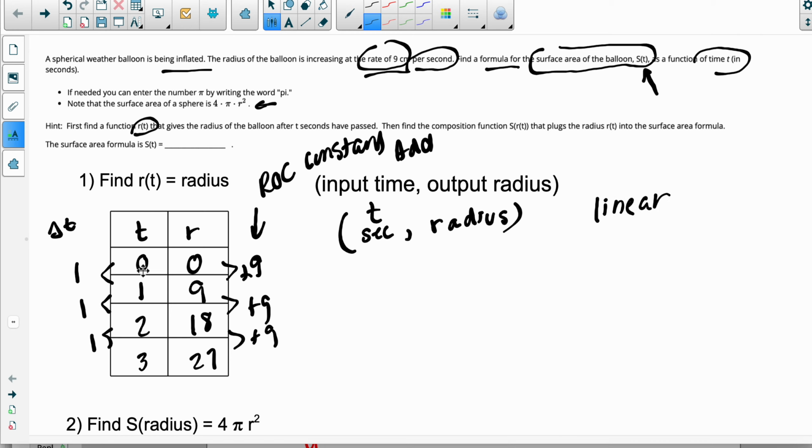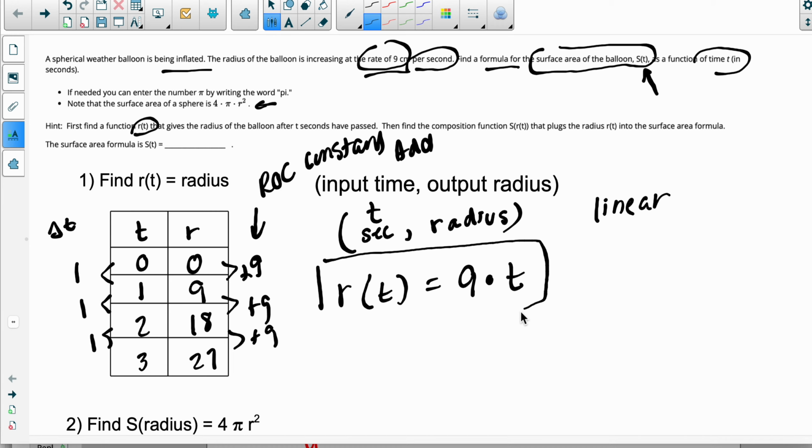I could use these points and come up with the equation for a line, but I can just see that if I input time, I have 9 centimeters times each second that goes by. So this is my equation for radius. It's changing at 9 centimeters at a constant rate for each second.